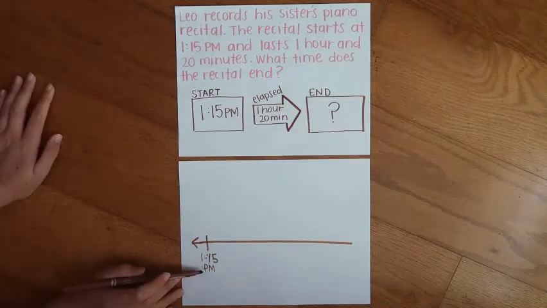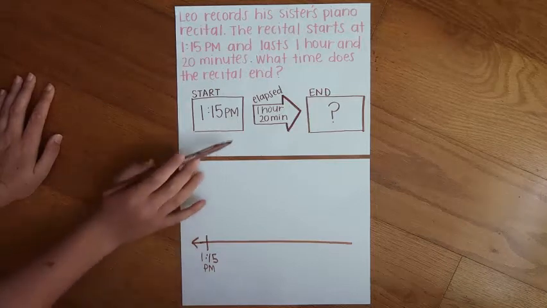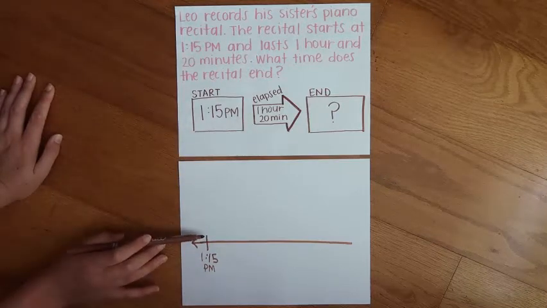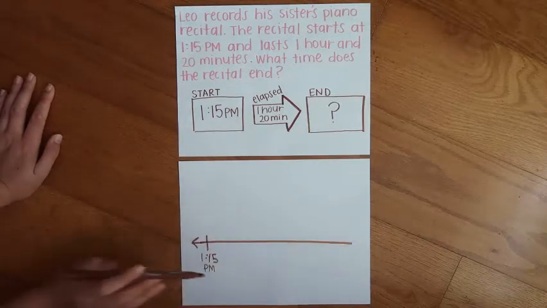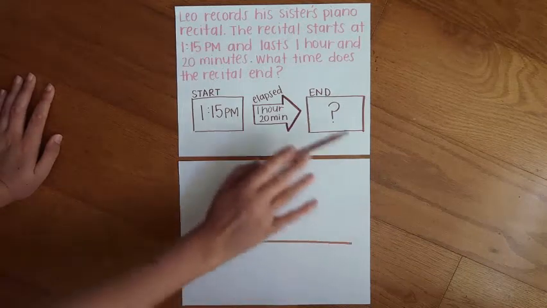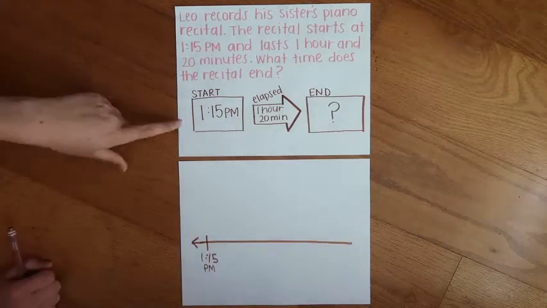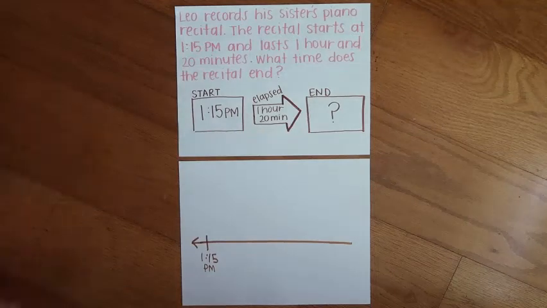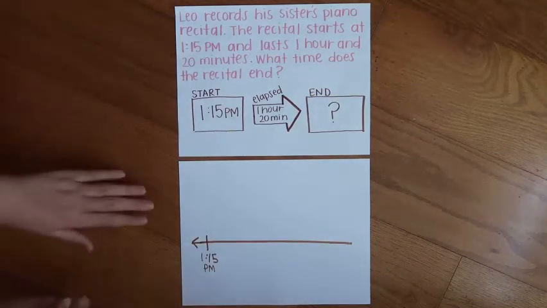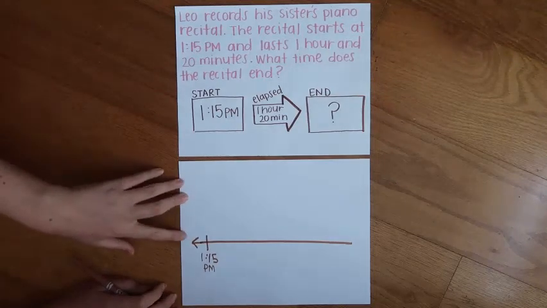1:15 p.m. Now I need to go 1 hour and 20 minutes into the future to get to the end time. I need to go forward in time to find my end time. So I have to go forward 1 hour and 20 minutes. So I'm going to start with 1 hour. If there's hours, I often just go straight to doing those first.